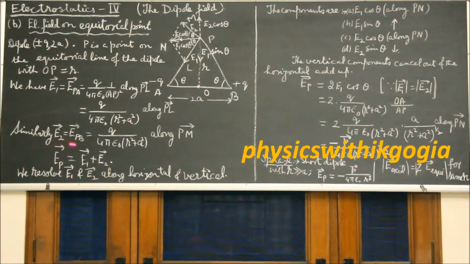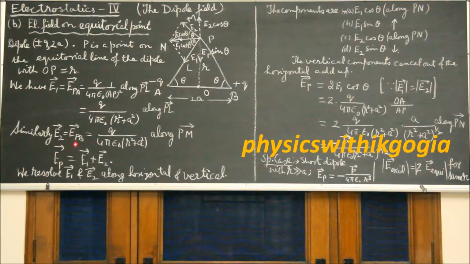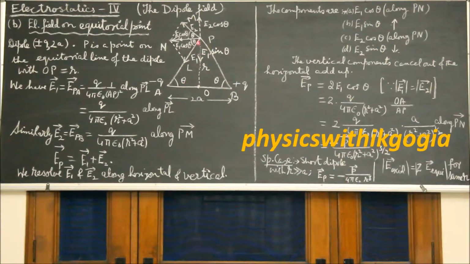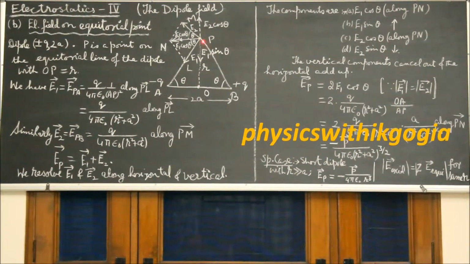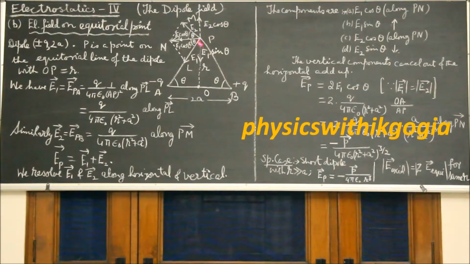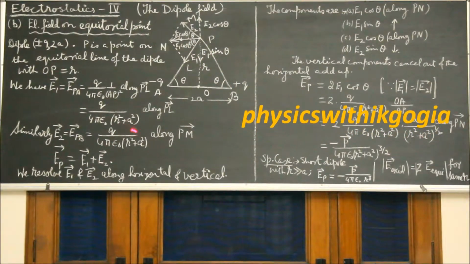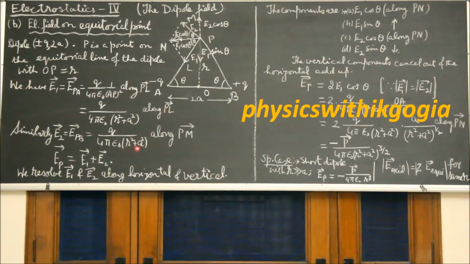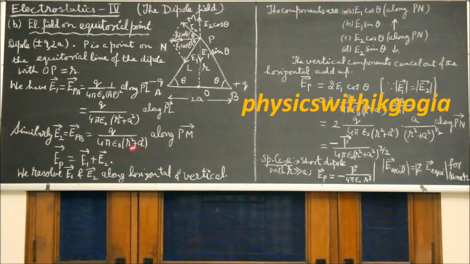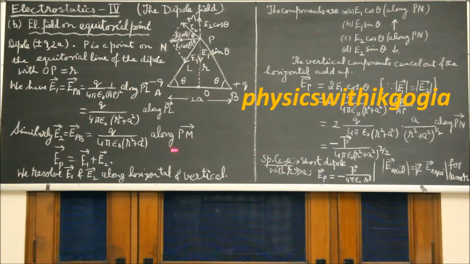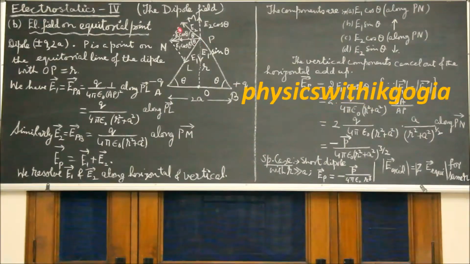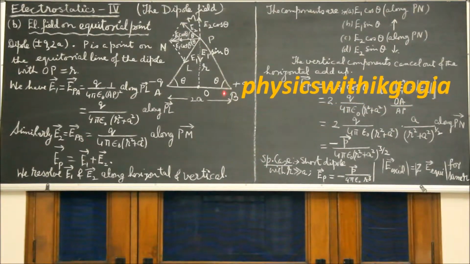Similarly, the field E2 due to the second charge at B will be 1 over 4 pi epsilon naught q over (r square plus a square), which is also PB square, along PM, away from this positive charge.